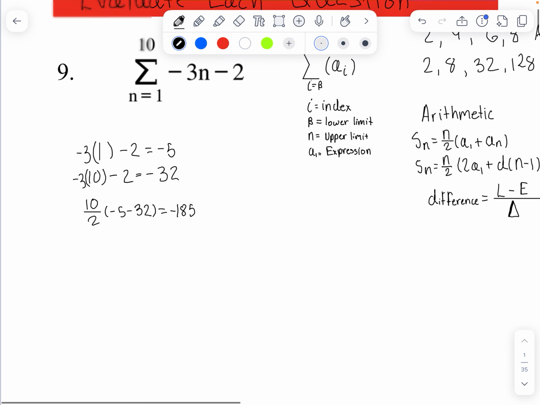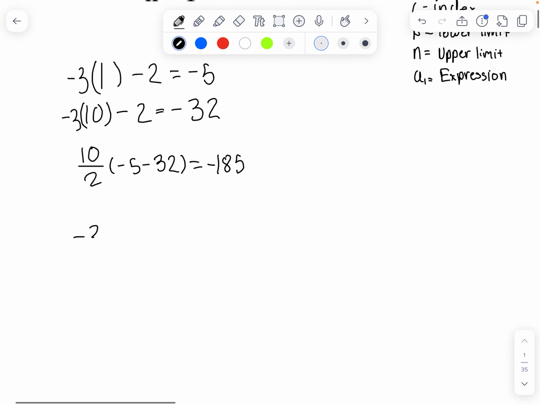And if you still don't understand what summation notation is, I'm just going to manually do a summation notation question without using the formula. Here we go. So basically, it's 3.